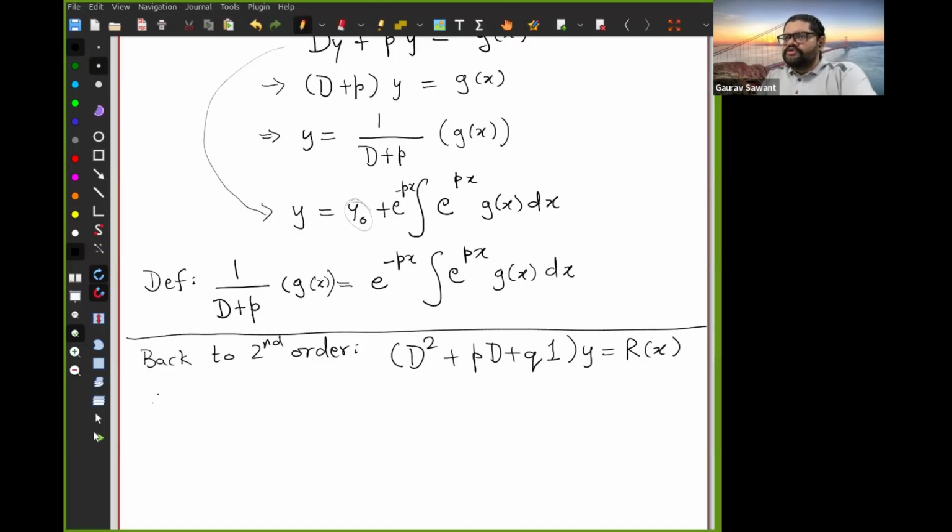Assume that r1 and r2 are the roots of this auxiliary polynomial, r square plus pr plus q equal to 0. Which just means that I can write this as (r minus r1)(r minus r2).